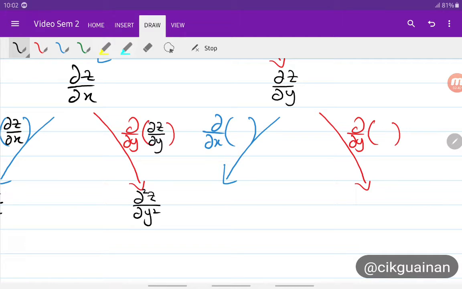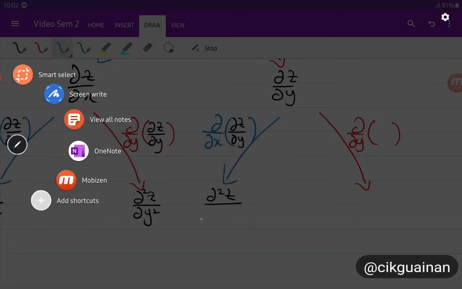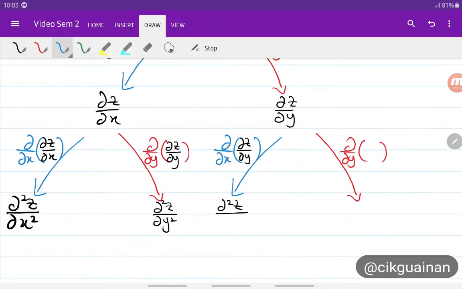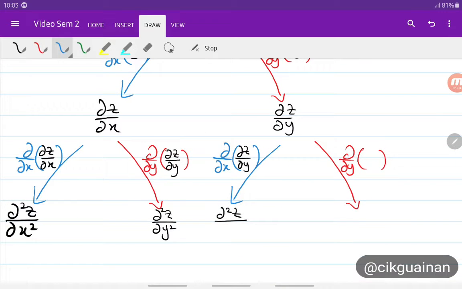This time we want to differentiate ∂z/∂y with respect to x. So what we get is... I made a mistake, I'm so sorry.